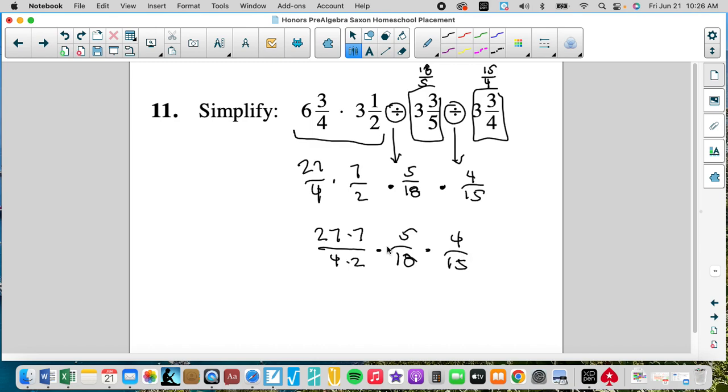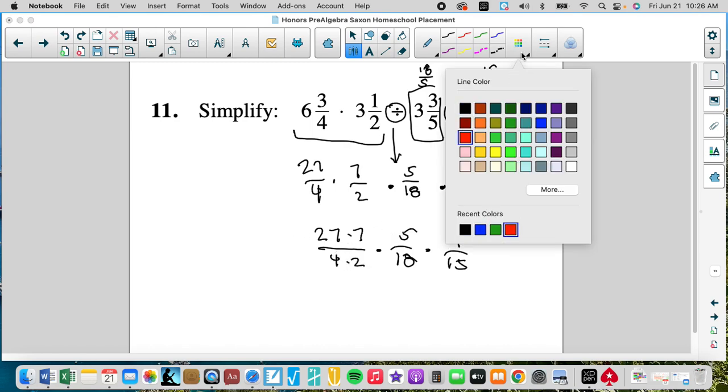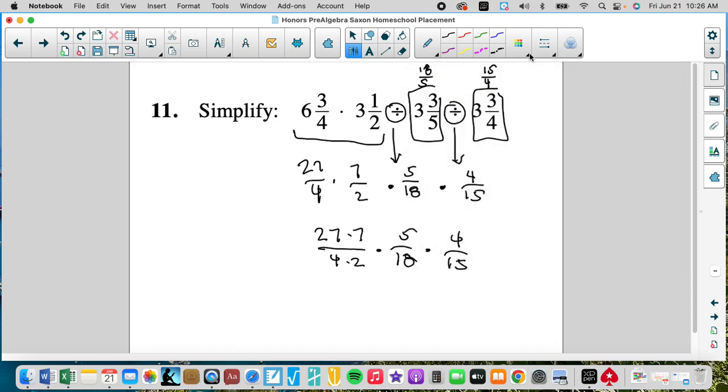And again, I'm not multiplying everything out because I want to be able to cross cancel. Why multiply if we're just going to break it down eventually? So I like leaving it like this so I can cancel denominator, numerator. 5 goes into 5 once, 5 goes into 15 3 times. And then 3 goes into 27 9 times, and 9 goes into 18 2 times.